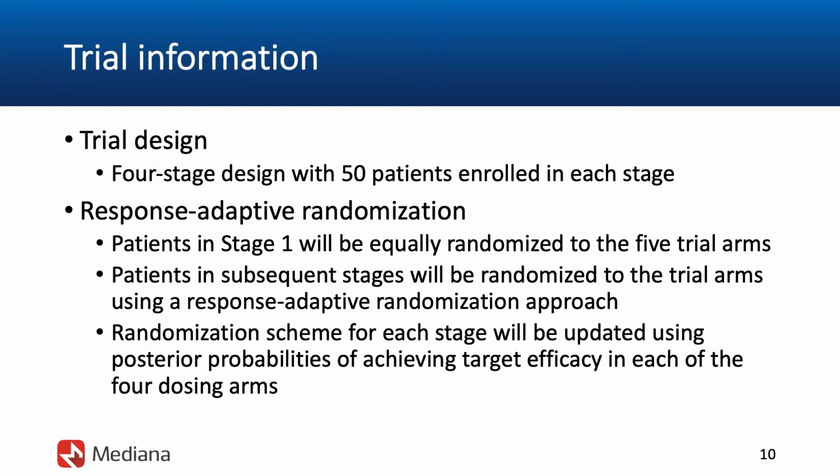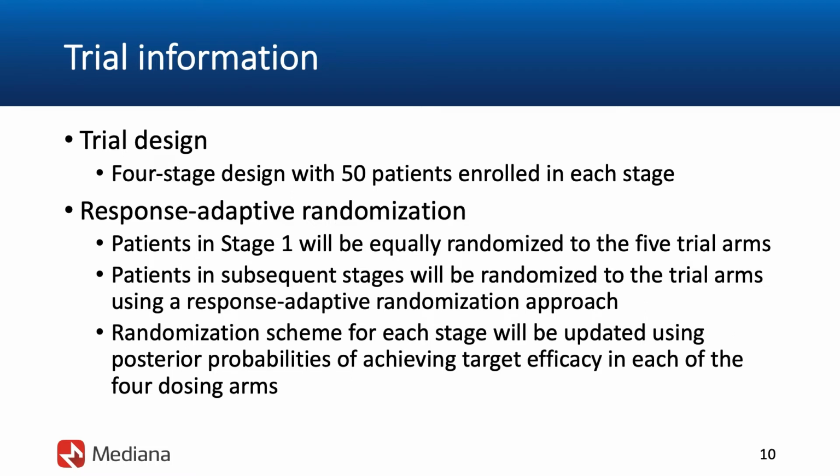As far as the response adaptive randomization approach is concerned, as we discussed this in detail back in part 3, patients in stage 1 will be equally randomized to the 5 trial arms, and then patients in the subsequent stages will be randomized to the trial arms using a response adaptive randomization approach, which means that all of the cumulative information on the dose-response relationship for the primary efficacy endpoint will be utilized at the end of each stage to make decisions about how to more or less optimally update the randomization scheme for the next stage.